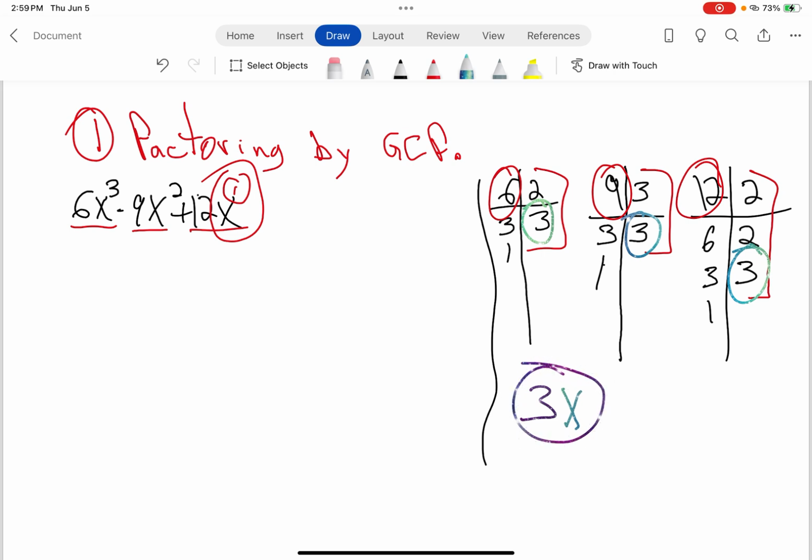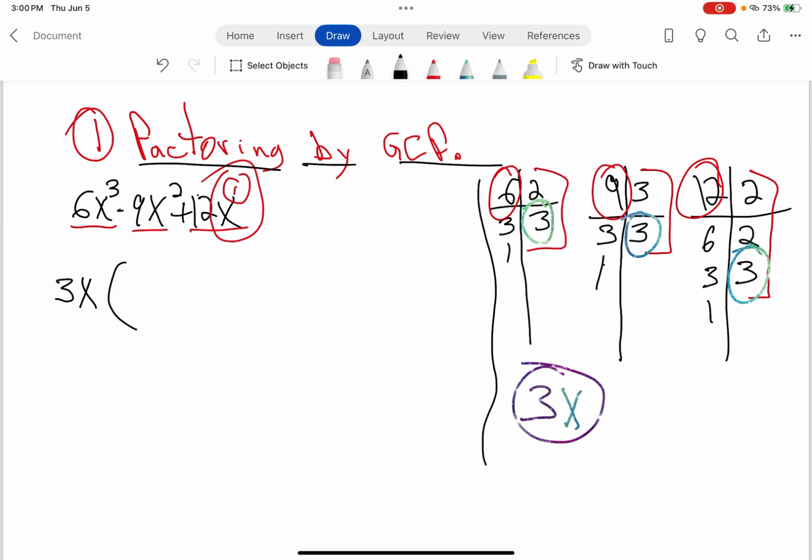Since you have this greatest common factor, you only have to write the 3x outside and then multiply this 3x by the original expression divided by the greatest common factor. You have to do it term by term.